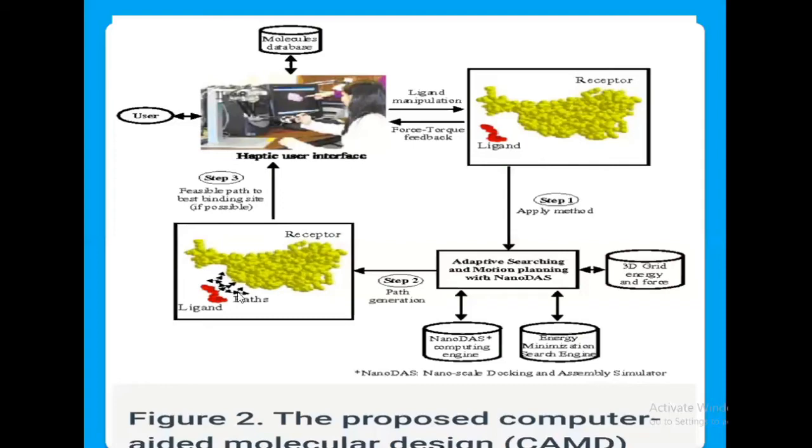All those are possibilities, path generation possibilities done by the software in step 2. But out of these, any one will be the best path for this ligand to bind with the receptor. So find that particular best feasible path.